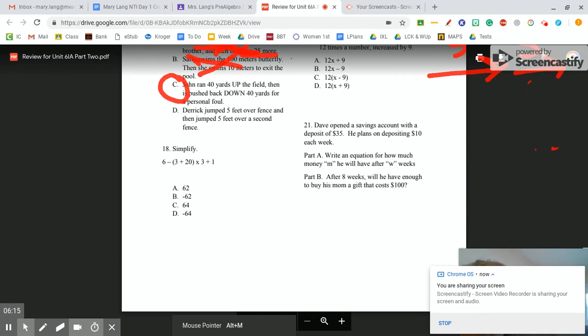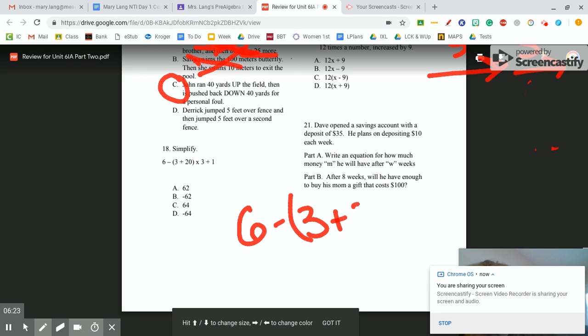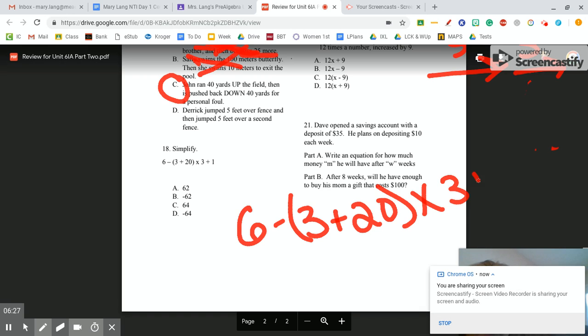All right, number 18, we have to simplify. So let's rewrite the problem. 6 minus (3 plus 20) times 3 plus 1. So I've got to do order of operations. So I've got 6 minus 23 times 3 plus 1.